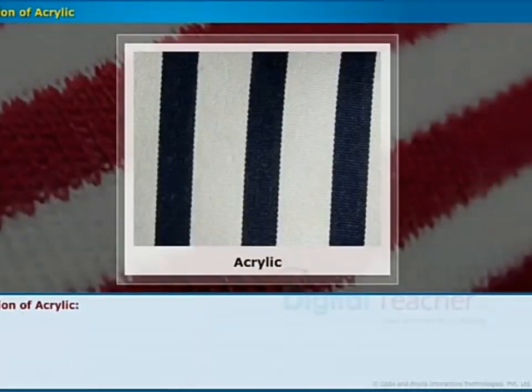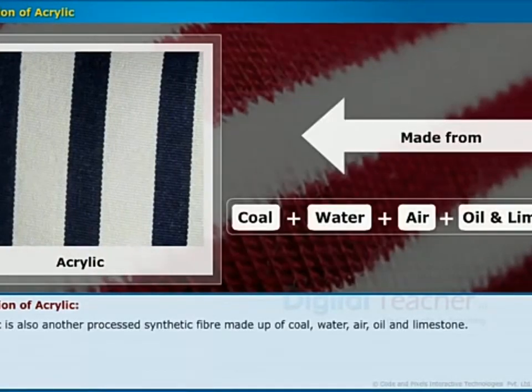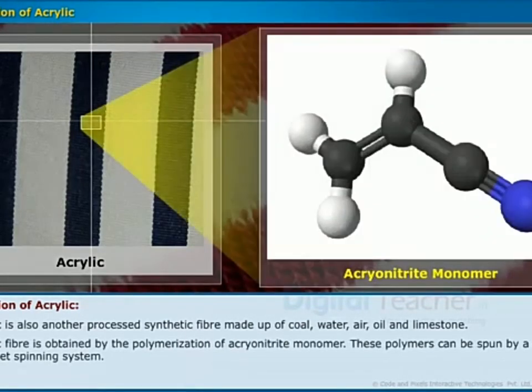Let us now discuss how acrylic is prepared. Acrylic is another processed synthetic fiber made up of coal, water, air, oil and limestone. Acrylic fiber is obtained by the polymerization of acrylonitrile monomer. These polymers can be spun by either a dry or a wet spinning system.